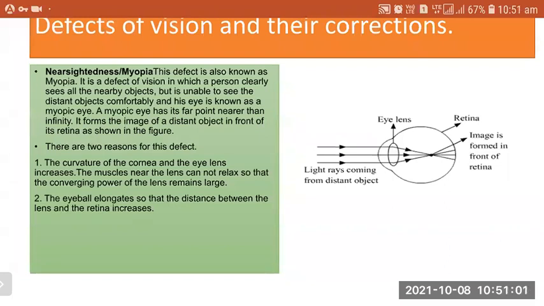The curvature of the cornea and the eye lens increases, so the muscles which are near the lens cannot relax, so that the converging power of the lens remains large. And the second thing is that the eyeball elongates, so that the distance between the lens and the retina increases. And you can see in the diagram, the image is formed in front of the retina.